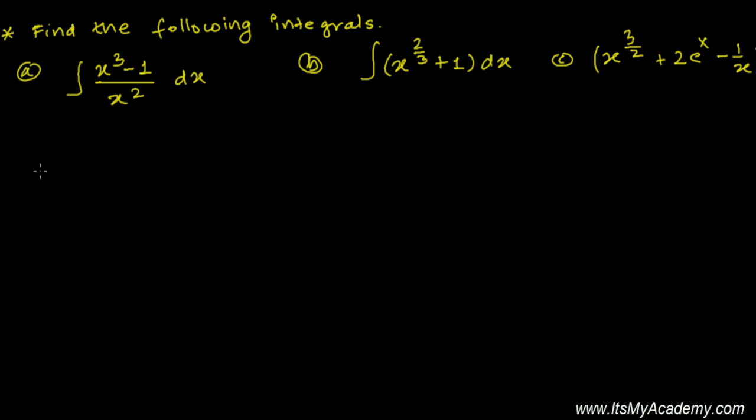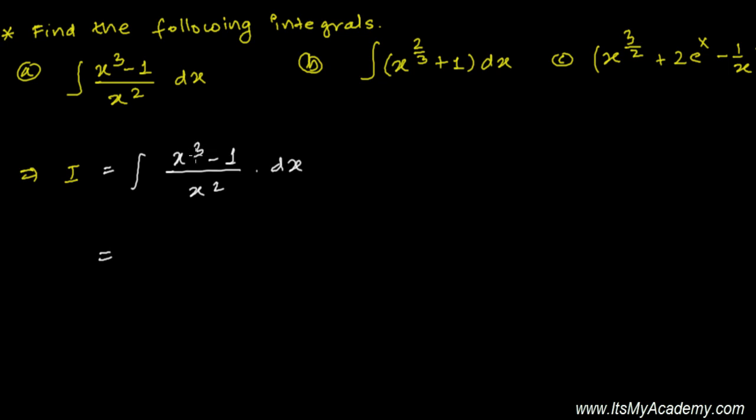I'm first going to solve this one. I'm going to find the integration of the function x cubed minus 1 divided by x squared times dx. As I told you in the previous video also, the algebraic rules follow the same.